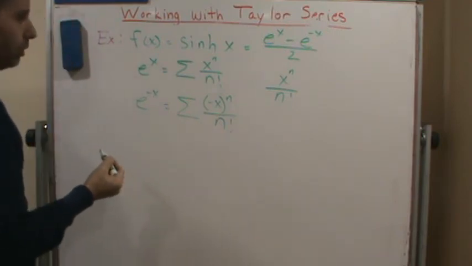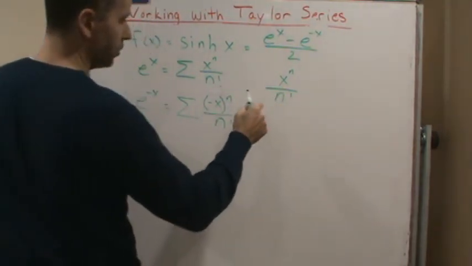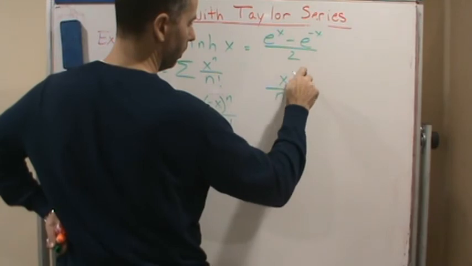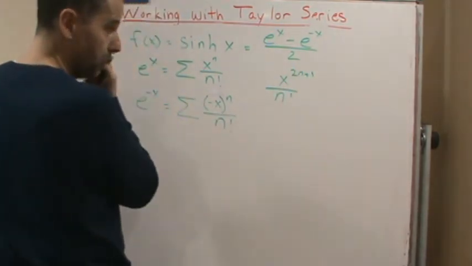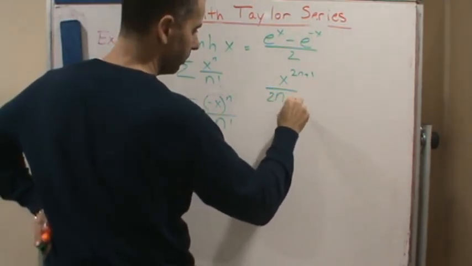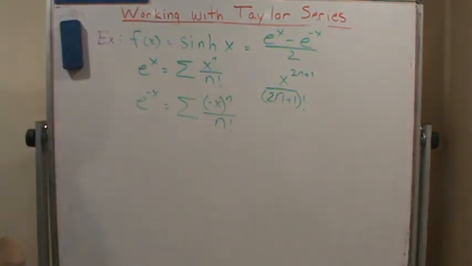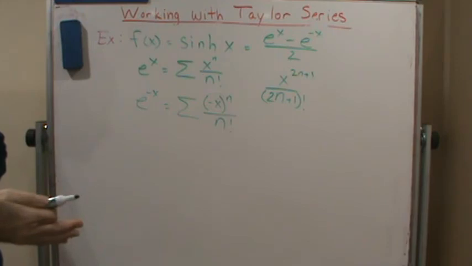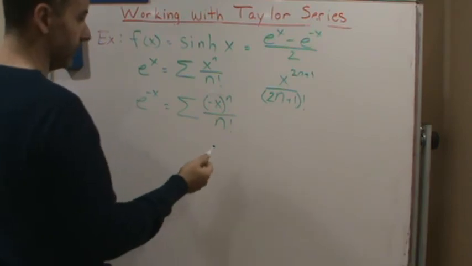And so the way to do that is to change this to 2n plus 1. And then we'll change this to 2n plus 1. And then what that does is effectively skips the even terms and just gives us the odd terms, which is exactly what we get.